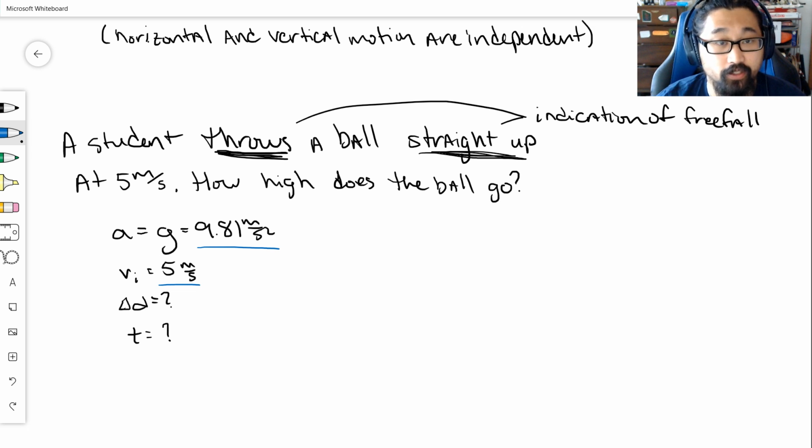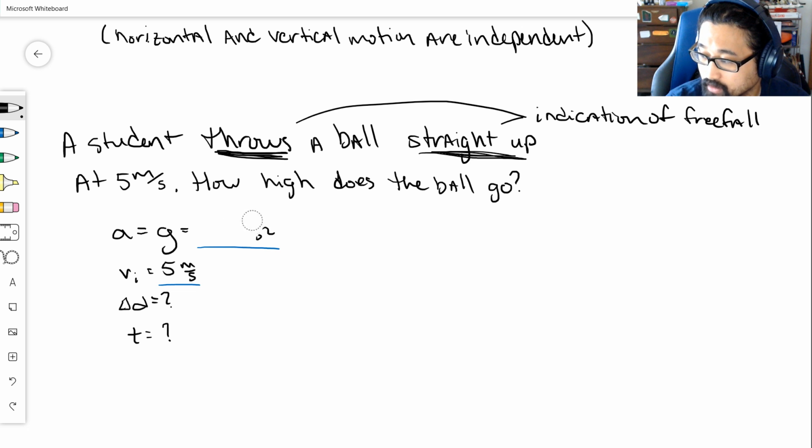Acceleration and velocity are unique because they are vectors, which means they have a size. The acceleration size is 9.81 meters per second squared. The velocity size is 5 meters per second. But they should also have a direction, so let's make some quick adjustments because they need direction.